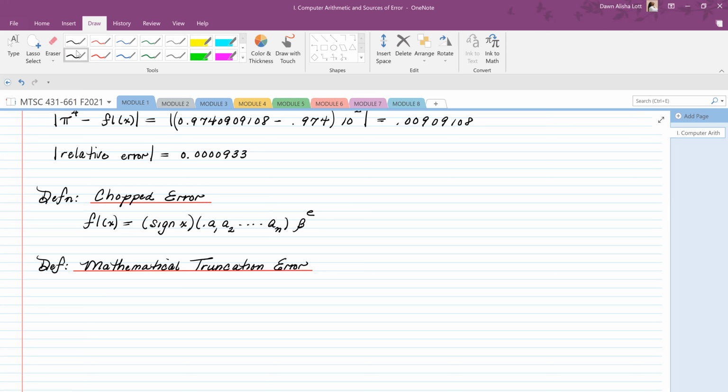This is the method of approximating an infinite process by a finite one.